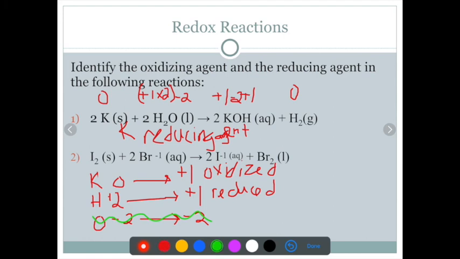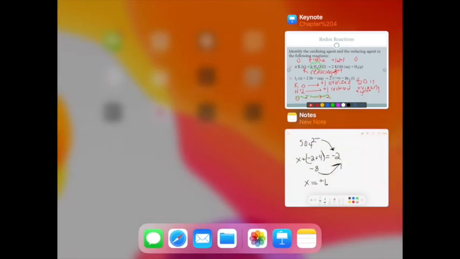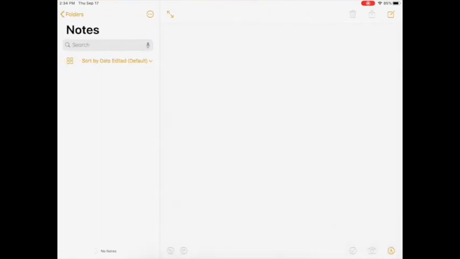So whatever that element is, whatever compound, that's what we're going to use. So we're going to say water is the oxidizing agent. Okay, so just be careful with those. Okay, I'm going to switch over here and do the next one.